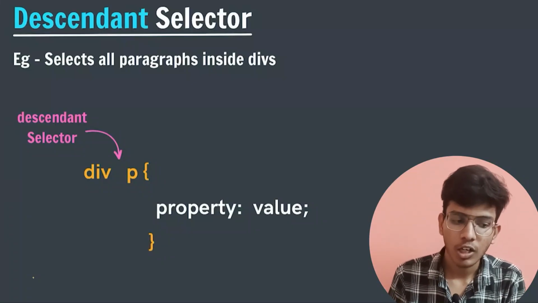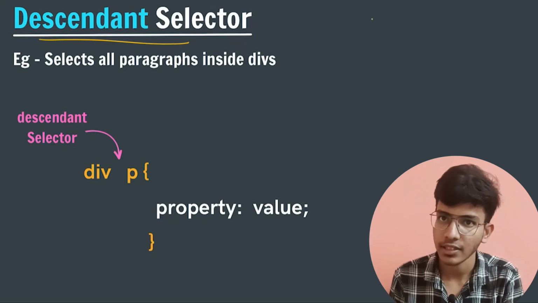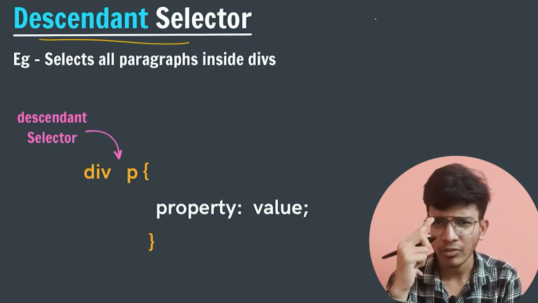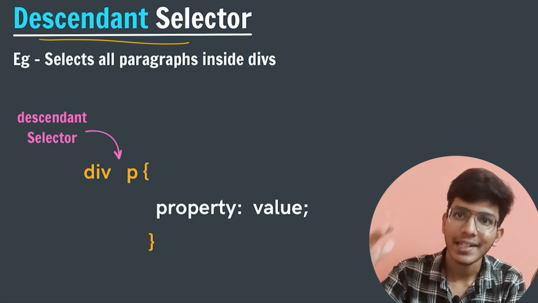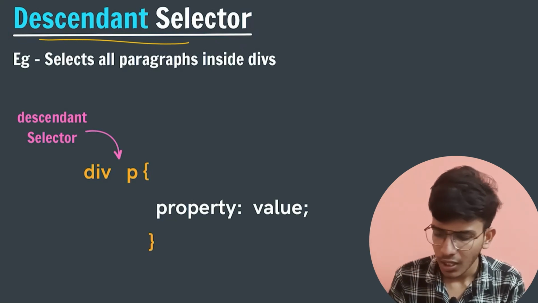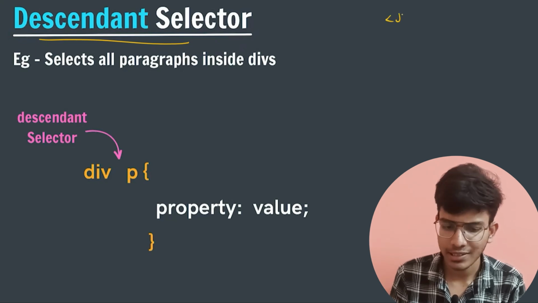Now let us talk about another selector, and the name of the selector is the Descendant Selector. We have seen hierarchy, and in HTML I talked about how inheritance works. For example, let's say this is a div.